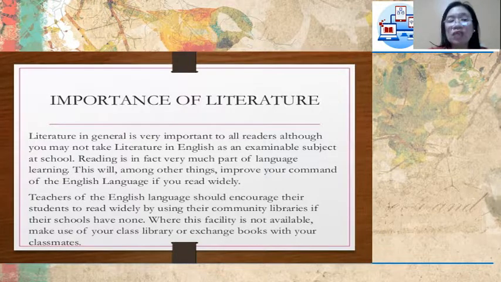Now, teachers of the English language should encourage their students to read widely by using their community libraries, if they are in school, or better yet, now that we are in the pandemic, we are encouraged to read through the use of the internet and other reading materials, for example, modules.